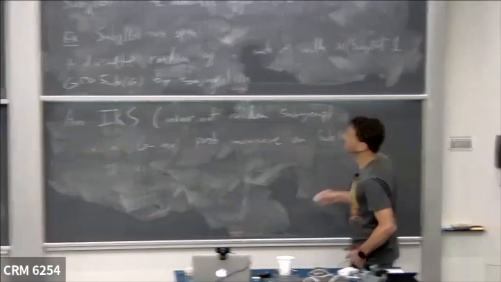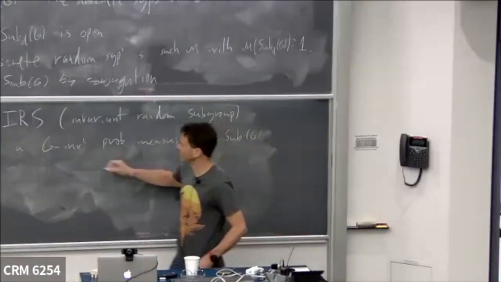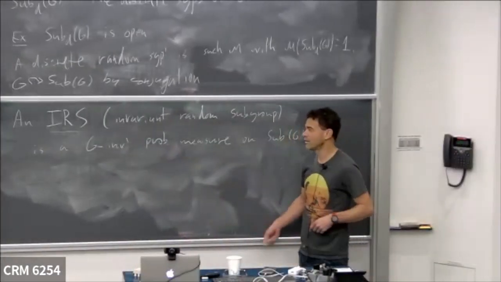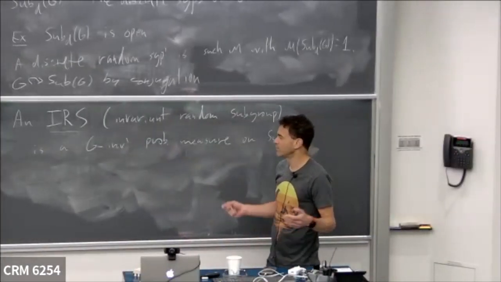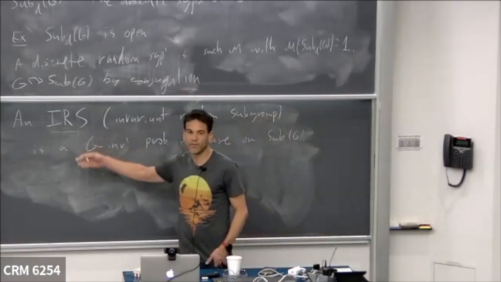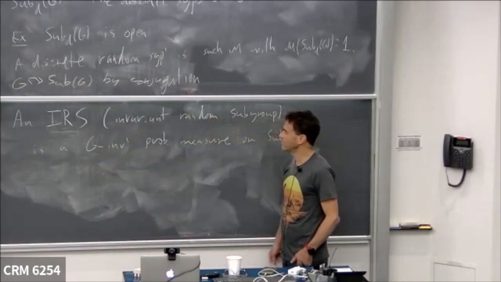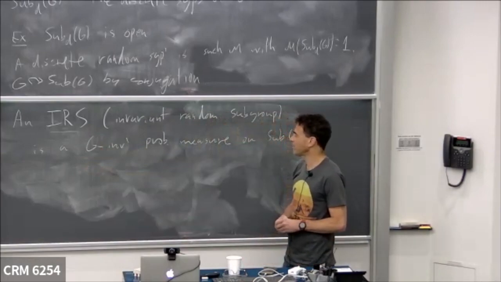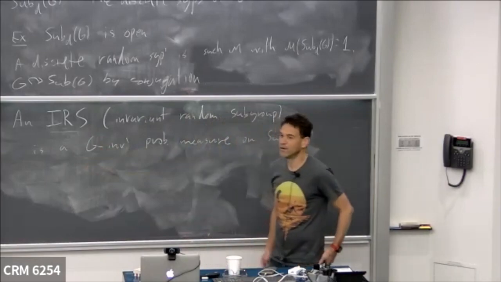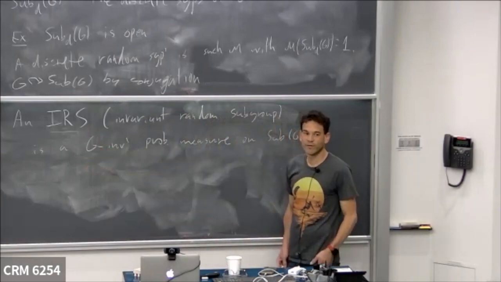So IRSs became quite popular in the last 12, 13 years. Many people got interested in studying invariant random subgroups. Surprisingly, there are a lot of applications. We will see some.